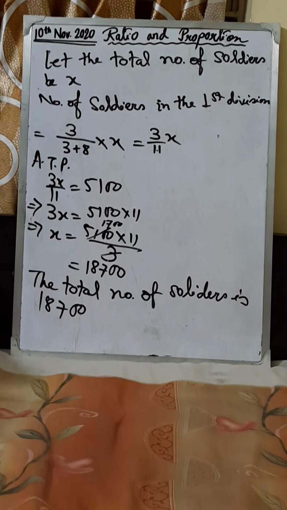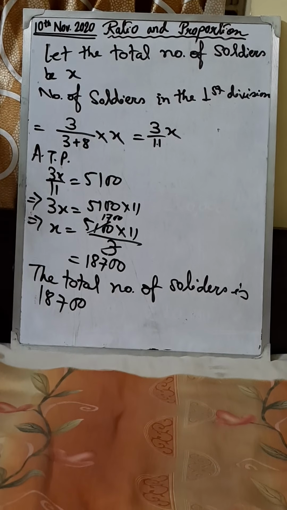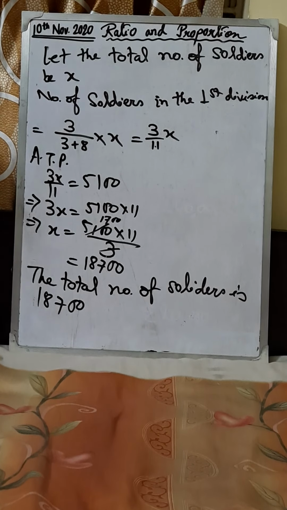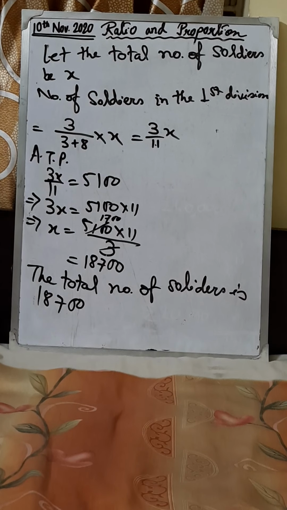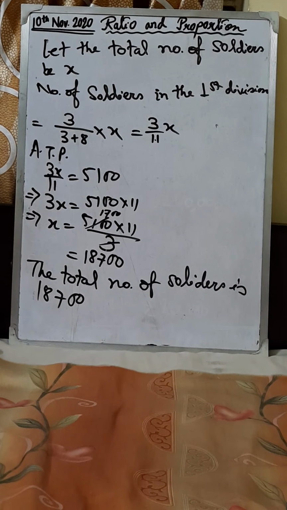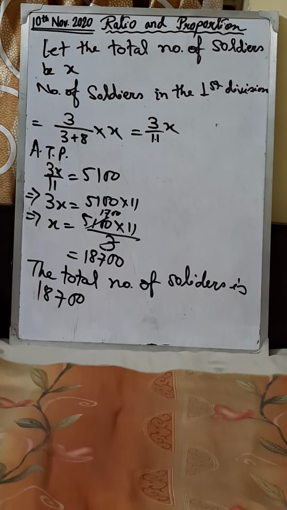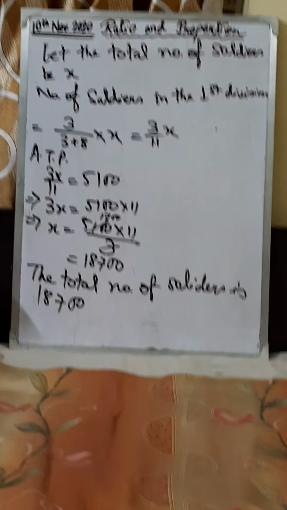Now next sum. Working 5 hours a day, Kamal can finish a work in 16 days. If he works 8 hours a day, how many days will he need to finish the same work?